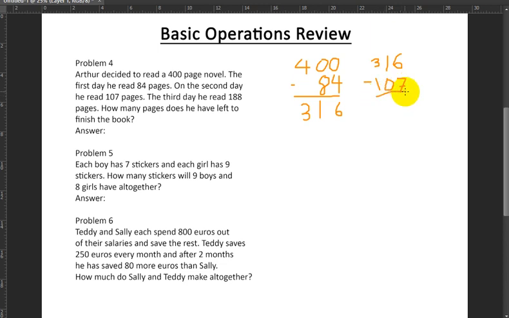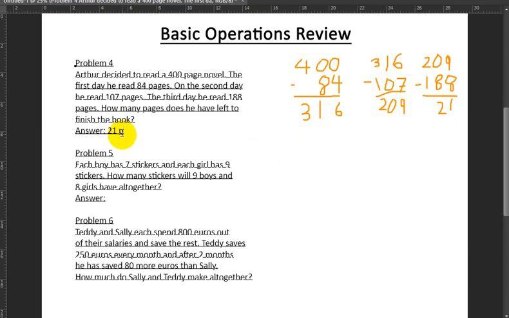And what I would get from this is 209. Next, I'm going to do 209 minus 188, because all these are pages that he reads. 188, right? Yeah. And what I'm going to get from this is 21. So he's still got 21 pages left to read. 21 pages.